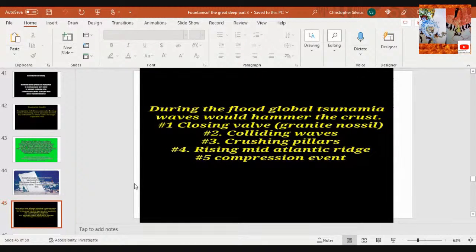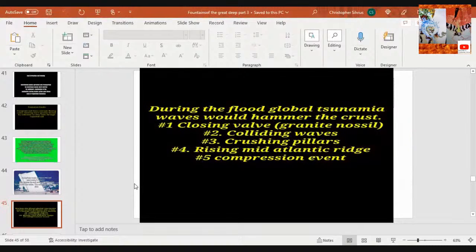So when that hammering process occurs, when the granite nozzle comes down and all that water suddenly decelerates, like we talked about on the previous slide, this increases that jolt of high pressure from under the crust, and it rises up.